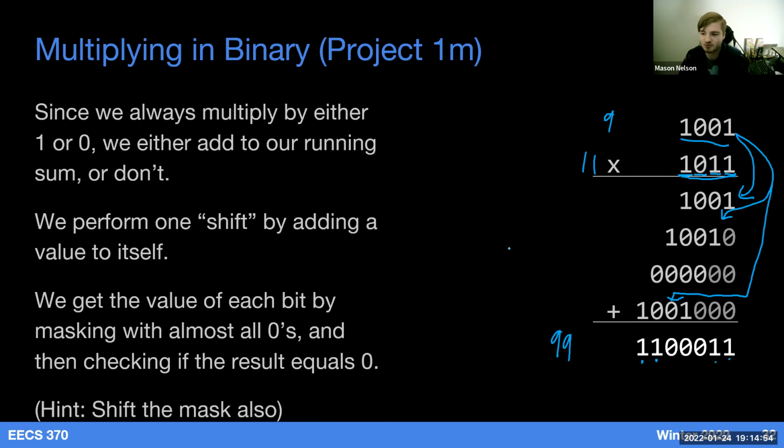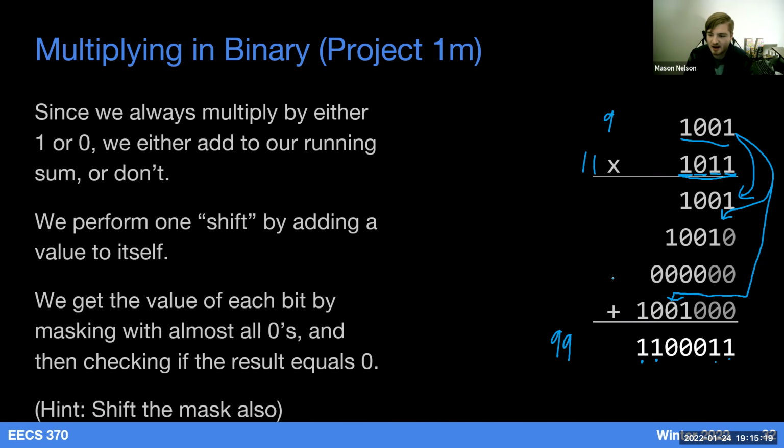You'll do the AND operation between that mask and the number that you're going bit by bit for, and the result will either be 0 or will be something else. Don't worry about right shifting, because if it's a 0, you know that bit was a 0. If it's a big number or 1, you know it's a 1. And so you can use a BEQ with 0 to tell you if you should add that shifted number to your running sum or not.